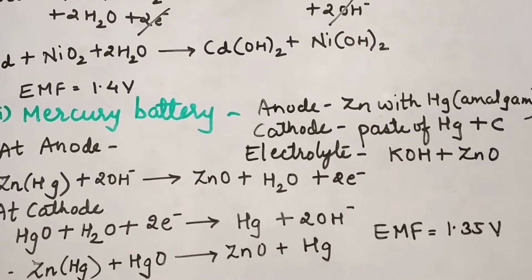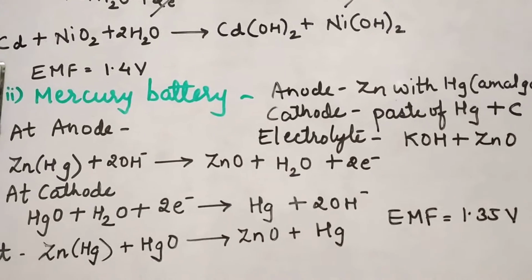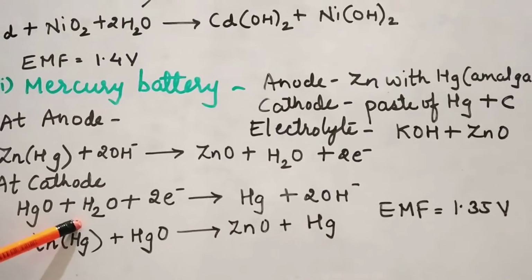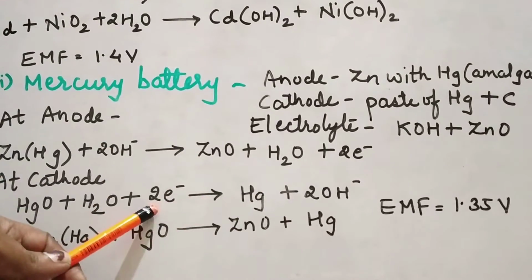Then in the cathode, these 2 electrons will be added in the reduction reaction. What happens at the cathode? HgO, mercuric oxide, combines with water molecules and 2 electrons from anode are gained.